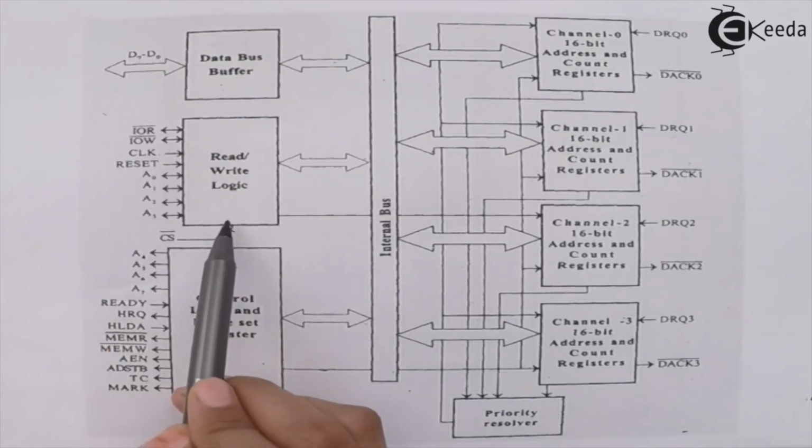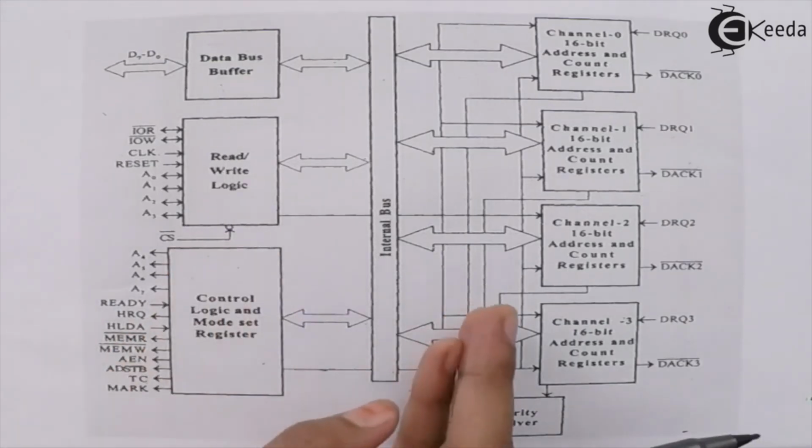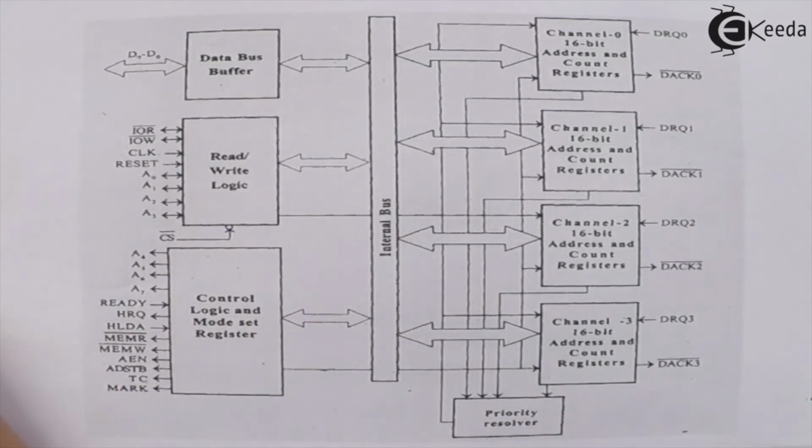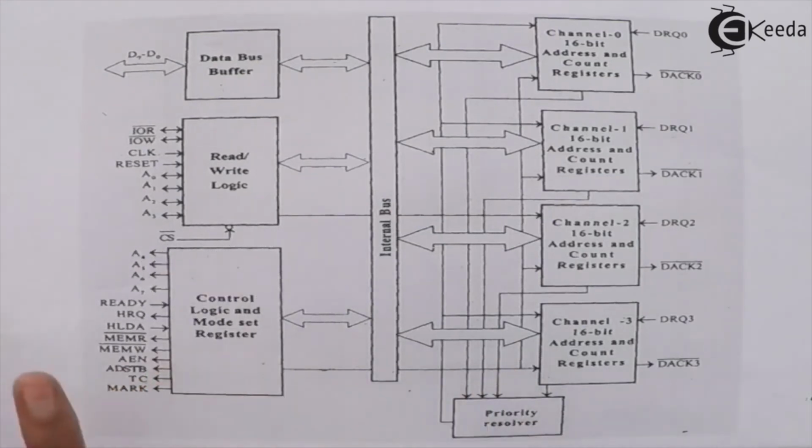Then we have the chip select signal. This signal decides whether the chip is selected by the microprocessor and whether communication will take place or not. When this signal is active, only then will the transfer of data take place, otherwise the DMA will not work. Then we have the control logic and mode set register.